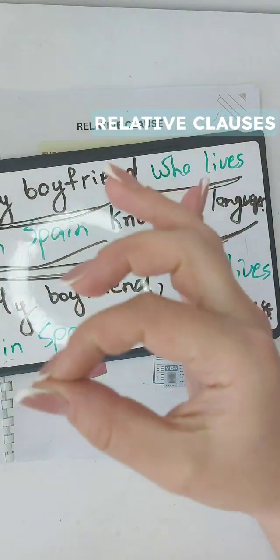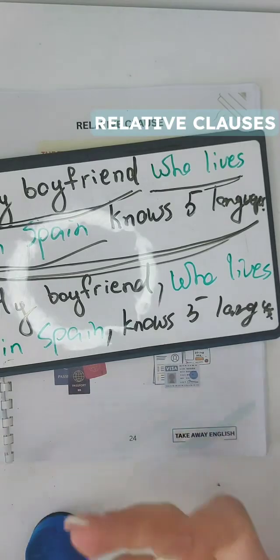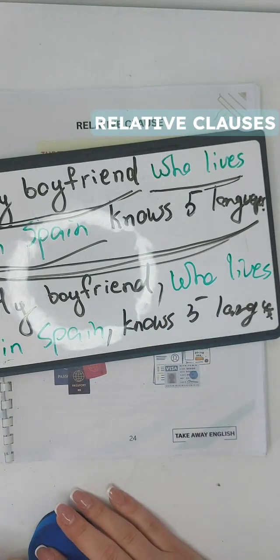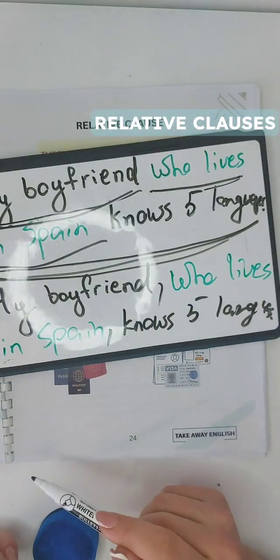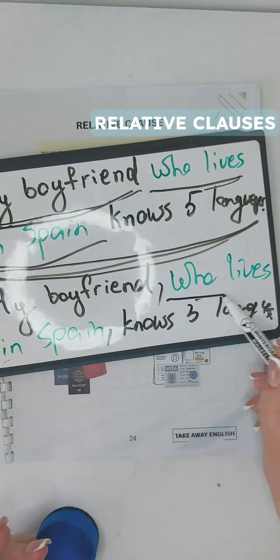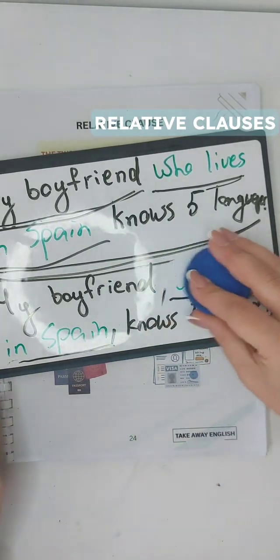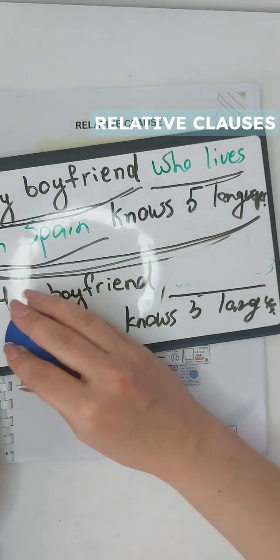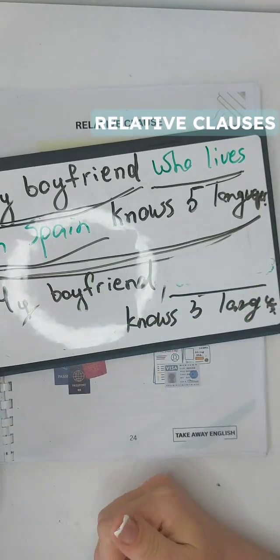So think of it like this. If I remove this relative clause, can the listener understand who I am talking about? If yes, this is non-defining. The information here is optional. Even without this sentence, the listener understands who you are talking about, okay?